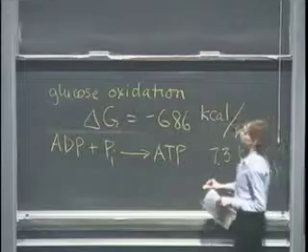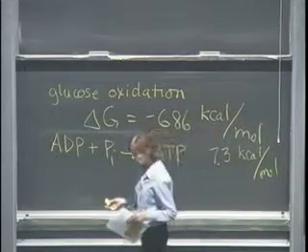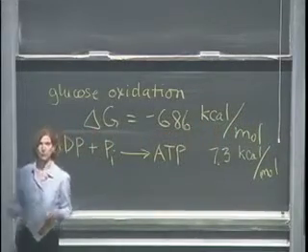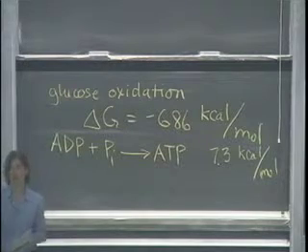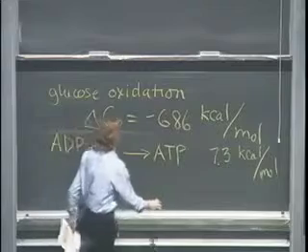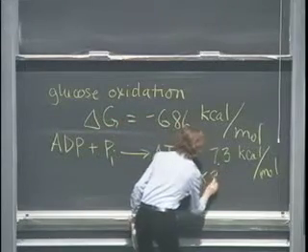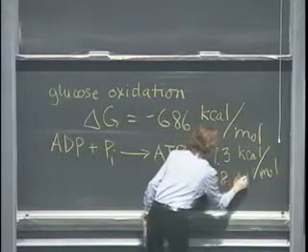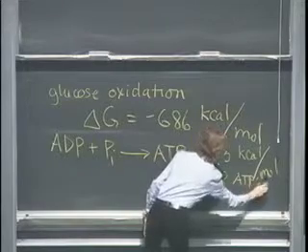And if you look in your book, they tell you that there are roughly between 36 and 38 molecules of ATP that are made per molecule of glucose. So we can multiply this by, let's just say, 38 ATPs per glucose.